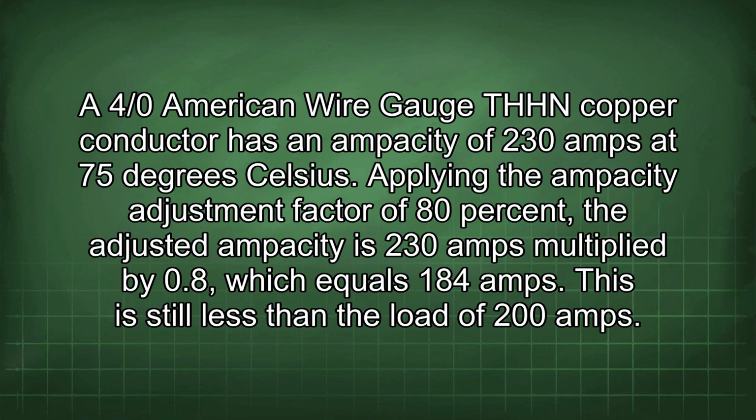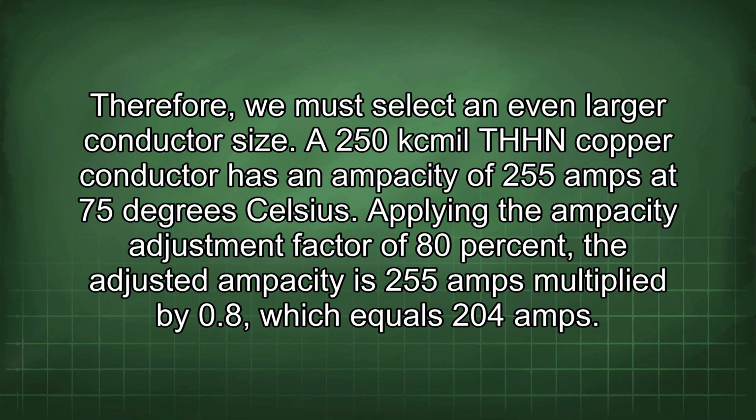A 4/0 American wire gauge THHN copper conductor has an ampacity of 230 amps at 75 degrees Celsius. Applying the ampacity adjustment factor of 80%, the adjusted ampacity is 230 amps multiplied by 0.8, which equals 184 amps. This is still less than the load of 200 amps. Therefore, we must select an even larger conductor size.